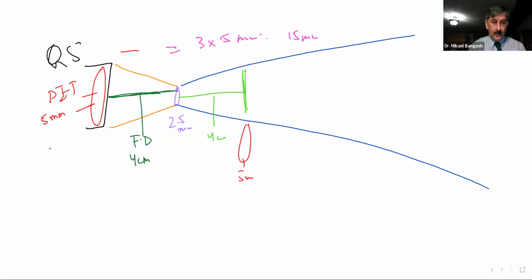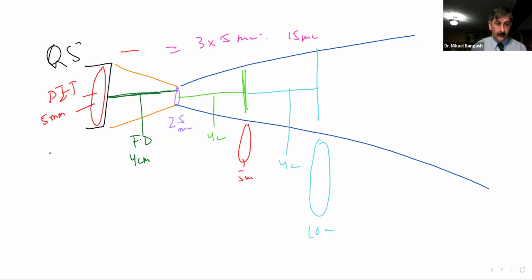Now, if we take another 4 centimeters, in this case the beam diameter is going to be 10 millimeters.